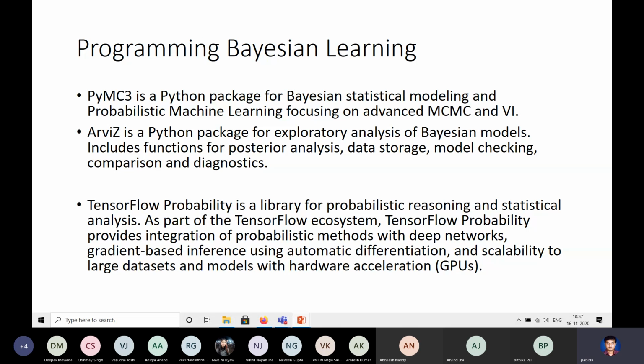ArviZ is also a Bayesian model library for model checking and everything. TensorFlow Probability is a library for probabilistic reasoning, integrated with standard TensorFlow. You can do your gradient-based inference and differentiation, and scalability is ensured because of GPU parallelization. All these are integrated, and it's becoming a very popular paradigm.